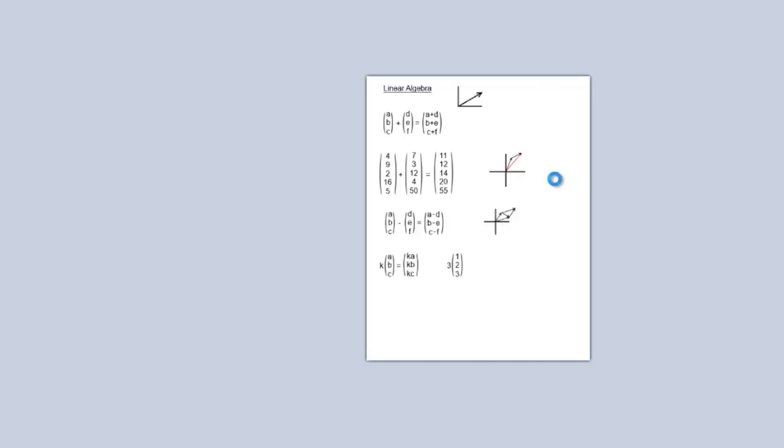It isn't hard to figure out that it's 3, 6, 9. This means that 3, 6, 9 is a scalar multiple of 1, 2, 3. Conversely, 1, 2, 3 is also a scalar multiple of 3, 6, 9 because instead of dividing by 3, we think of it as multiplying by 1/3. We've already seen this when we looked at solutions of systems of equations. They're all the scalar multiples of the ones that we solved for.